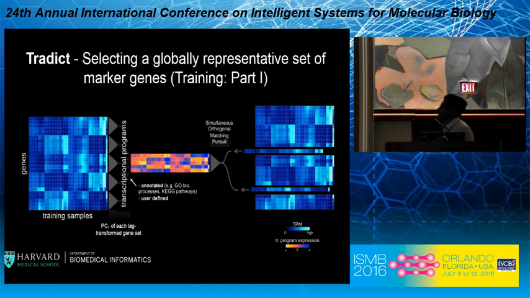And then from this expression matrix, we perform a procedure borrowed from signal processing called orthogonal matching pursuit to basically represent this expression matrix in terms of a subset of genes taken from the transcriptome. And loosely speaking, you can think of this as a simultaneous stage-wise regression of treating each of the transcriptional program expression vectors as a target.